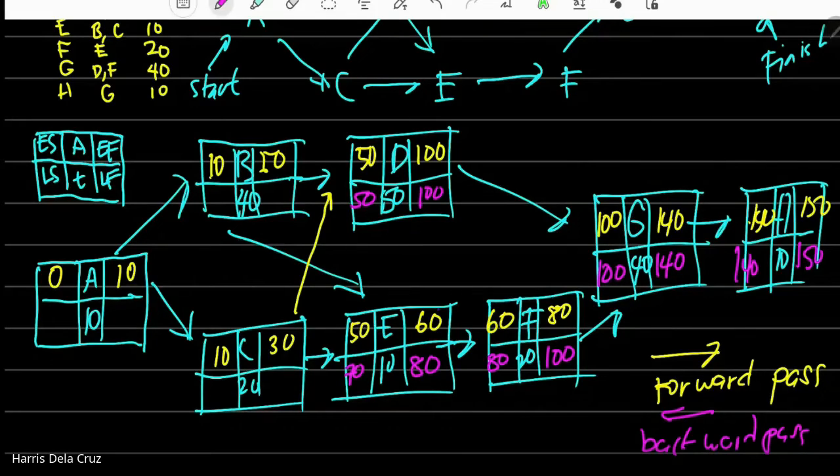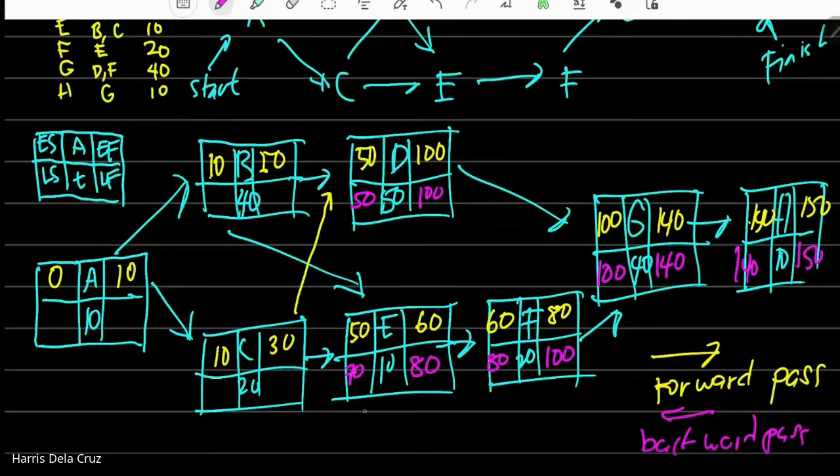From B, papunta siya ng D, papunta siya ng E. So, ibig sabihin, kung ito ay matatapos na ng 80, ito matatapos ng 50, ang pinaka-late finish ni B, syempre, yung 50.